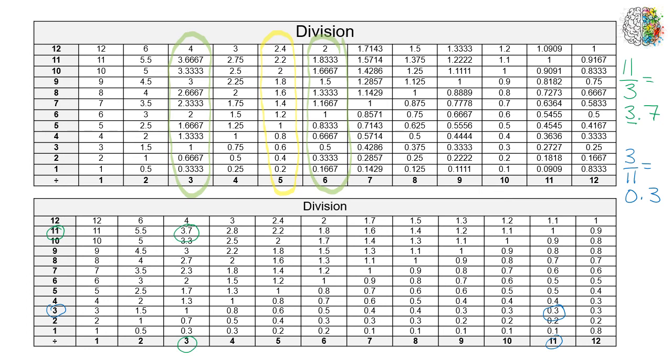So that's one of the ways that you're going to identify whether or not you've done your division correctly: do I have a whole number before the decimal or do I have a 0 in front of the decimal? And if you're practicing them on these division tables, you can see those patterns a little bit clearer.